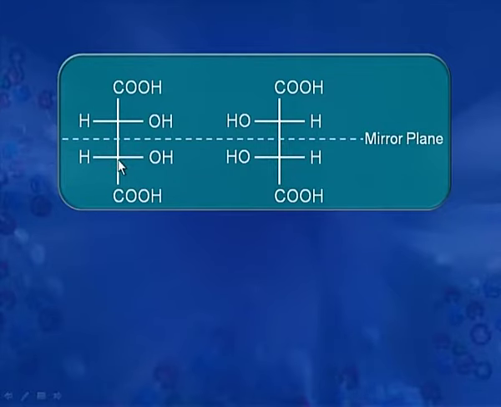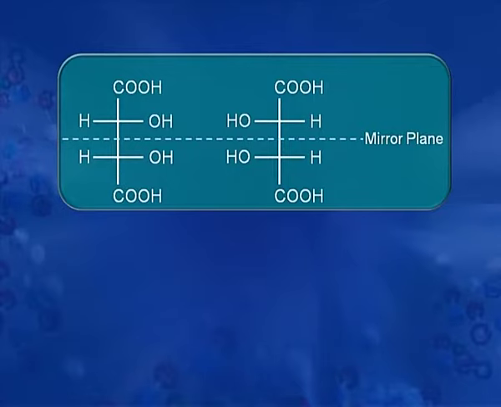This asymmetric carbon atom has four groups: one hydrogen, one hydroxyl, one carboxyl, and the remaining is this part of the molecule, whereas this carbon also has one hydrogen, one hydroxyl, one carboxyl, and the remaining is this part of the molecule. So the substituents on each of these asymmetric carbon atoms are identical and one half of the molecule is the mirror image of the other half.